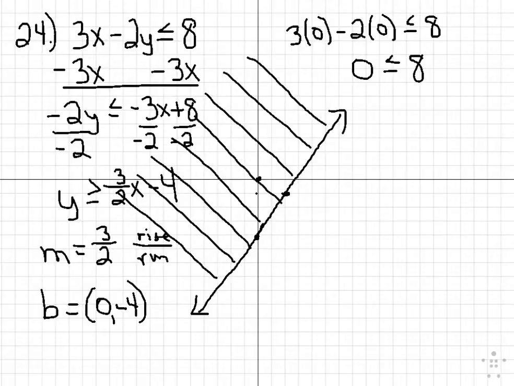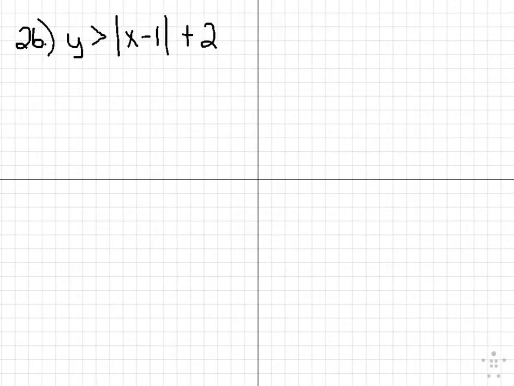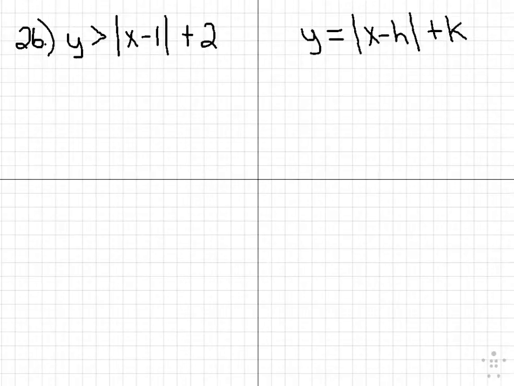Moving on to question number 26, I have an absolute value inequality. So you're going back to kind of remember this. Absolute value of x minus h plus k is just a translation of your absolute value graph. So h, k is my vertex, the turning point. My h is 1 and my k is 2.